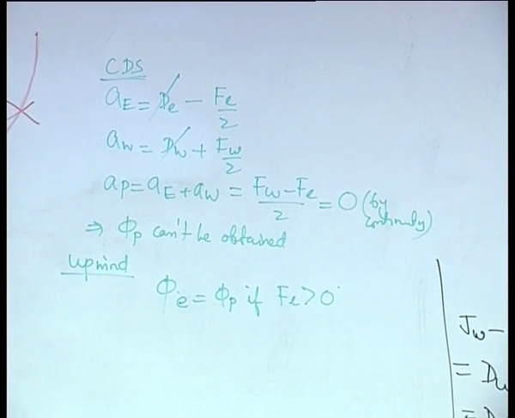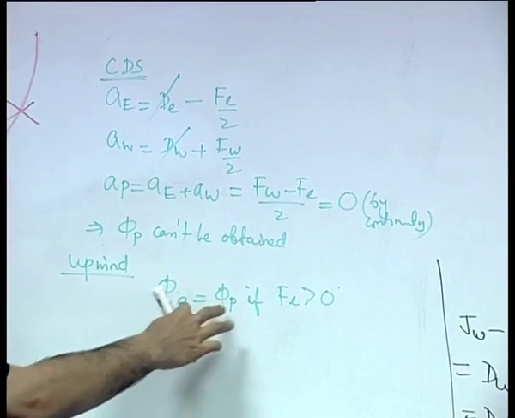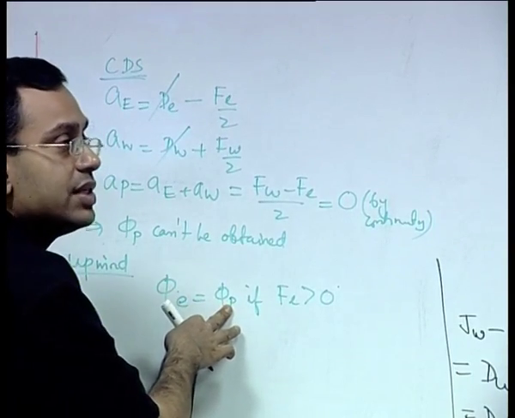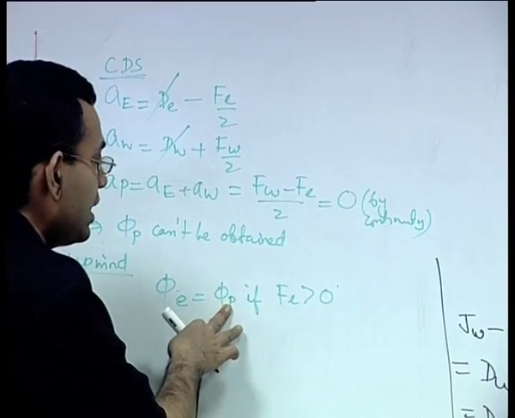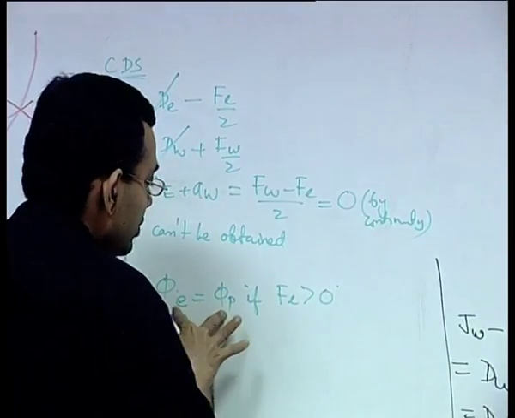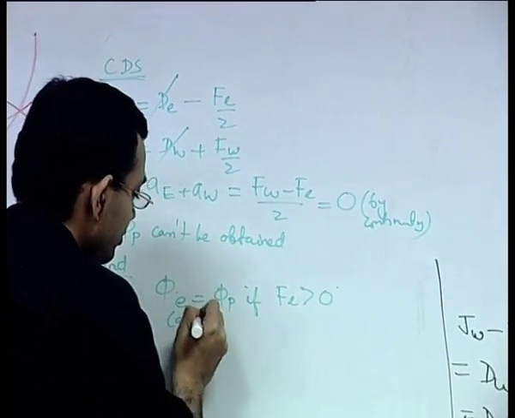So at all the upstream points you have the same value of phi, and the diffusion term will be 0, because the right hand side is the diffusion term which is 0. So it is purely on the basis of advection.